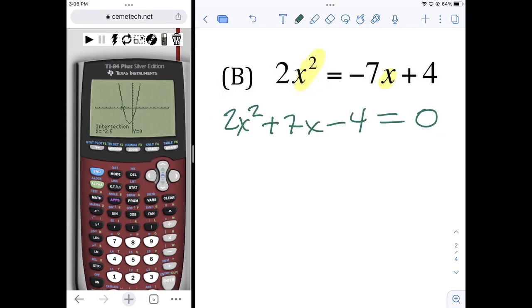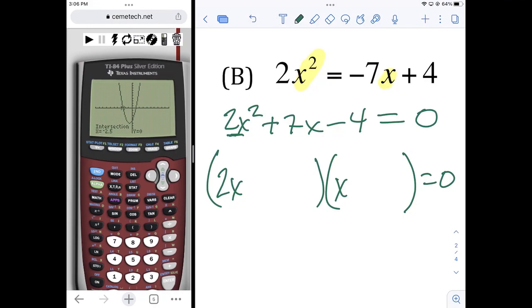All right, now, nothing is common, right? There's no common factor. The 7 is ruining it now. But we know that it factors into something times something equals 0. And here's what's cool. The 2, which is the leading coefficient, it's prime. So it has to be a 2x and a 1x, or a 1x and a 2x, depending on how you write it. Now, 4 can be a bit tricky because 4 has two different ways to factor. It could be a 4-1 combo or a 1-4 combo, or it could be the old 2-2 combo.